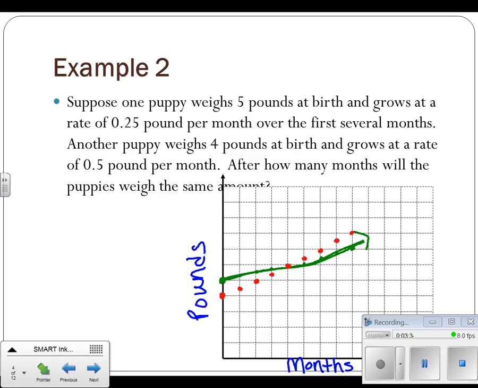And so we can see here is where they're intersecting, which is at 4 months. Which is our answer. So that's what they have in common. So at 4 months, they're weighing the same amount.